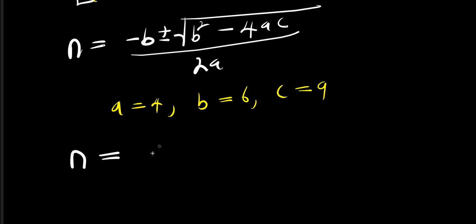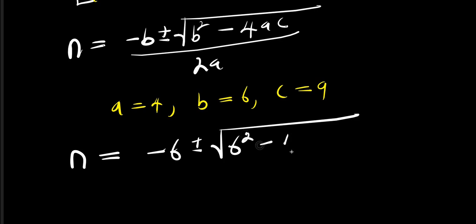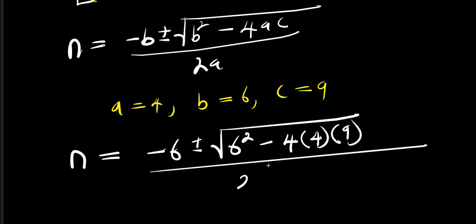We have n equals negative b, that's negative 6 plus or minus square root of, this is 6 power 2, minus 4 times 4 times c, that is 9, divided by 2 times 4.